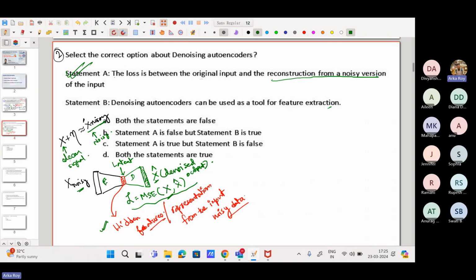So these are the features extracted at the bottleneck or the latent space. Therefore, the denoising autoencoder can be used as a tool for feature extraction, as the latent space extracts some hidden representation or feature from the input data. So statement B is also correct. So for this particular case, option D, where both the statements are true, is the correct option.